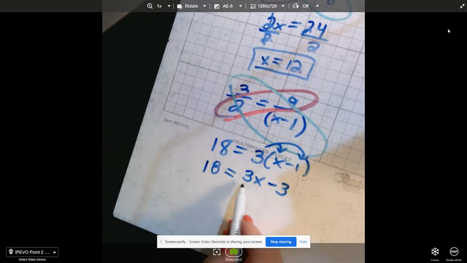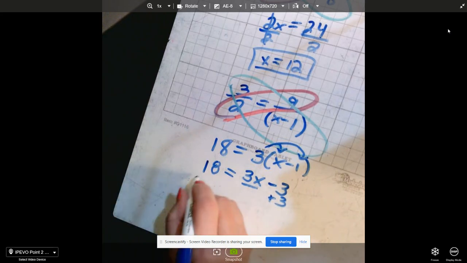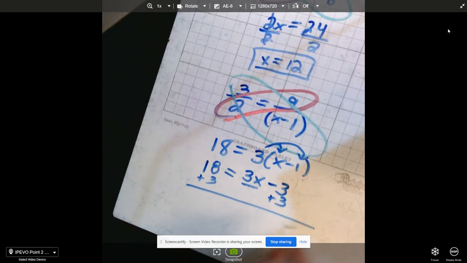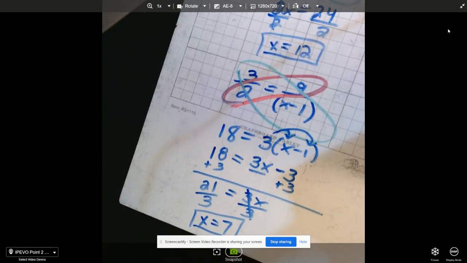Again, my goal is to get the term with the x alone, so I'm going to add 3 to both sides. 18 plus 3 is 21 equals 3x. In order to solve for x, I'm going to divide by 3. They cancel out that way, and I have x equals 7. All right, so if you have any questions, let me know.